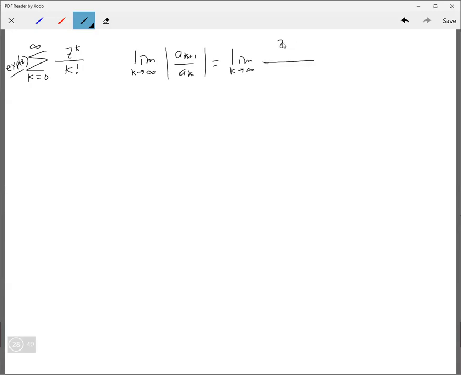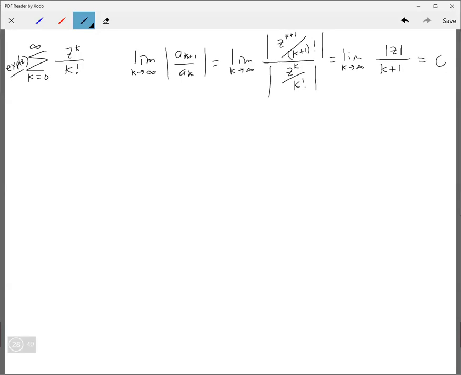The numerator is z to the k plus 1 over k plus 1 factorial, and the denominator is z to the k over k factorial. Everything cancels out except a z in the numerator and a k plus 1 in the denominator.